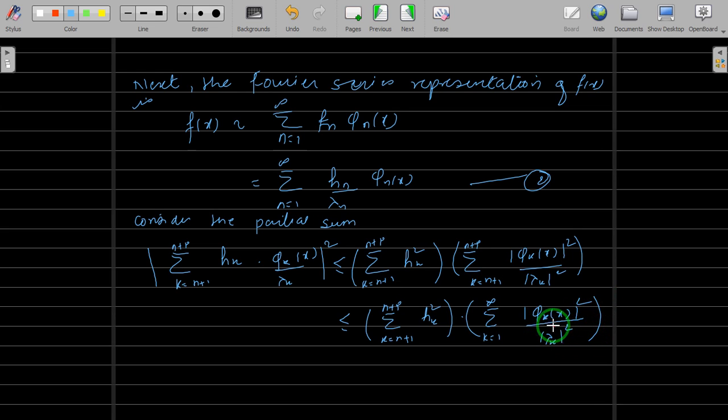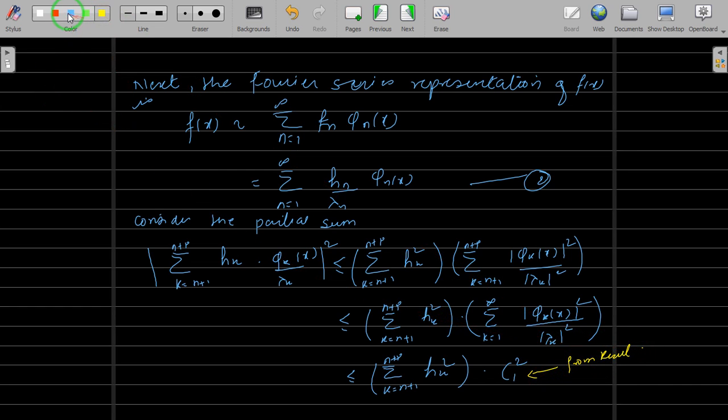And then we already proved that this can be made less than or equal to c1 squared. In one of the results we have proved that. So the summation k from n plus 1 to n plus p of h_k squared stays the same, and the other factor is less than or equal to c1 squared, as stated in one of the results.